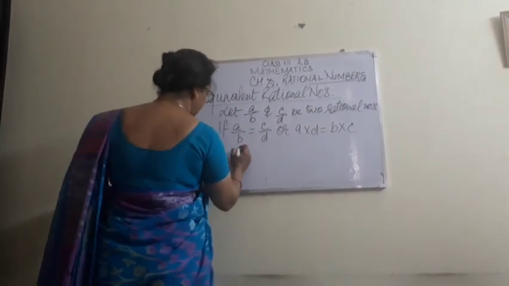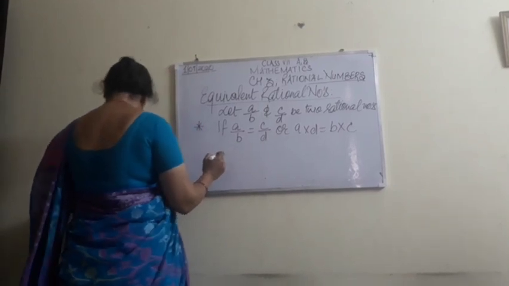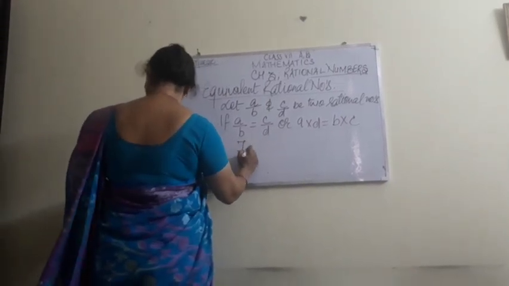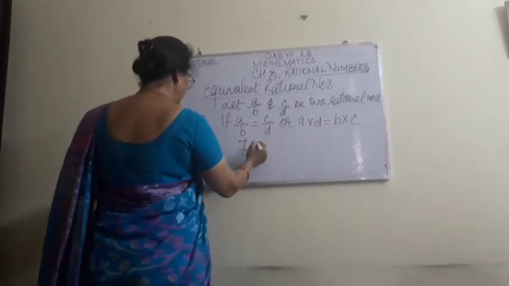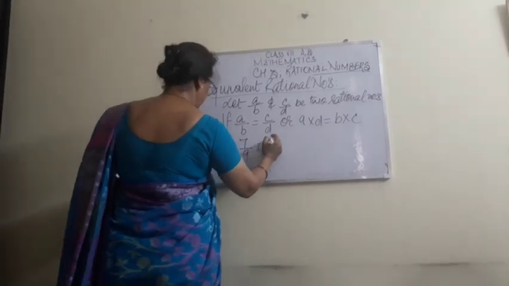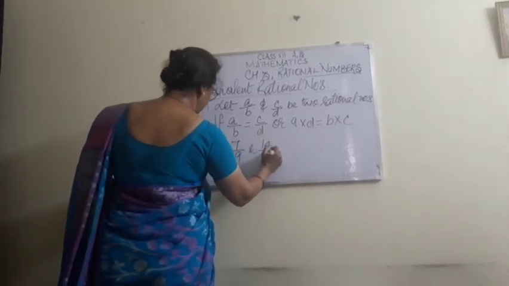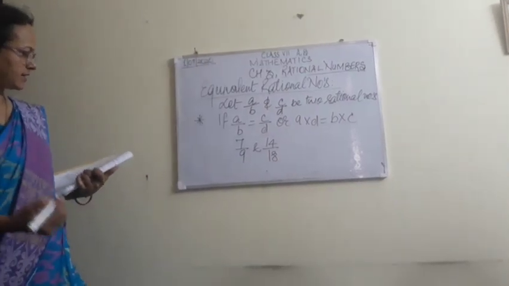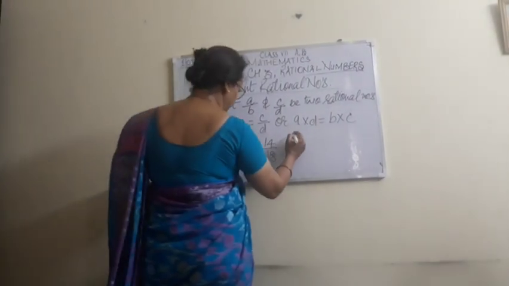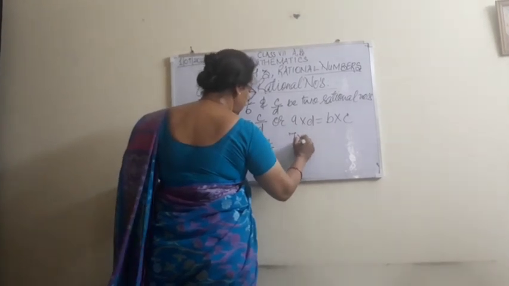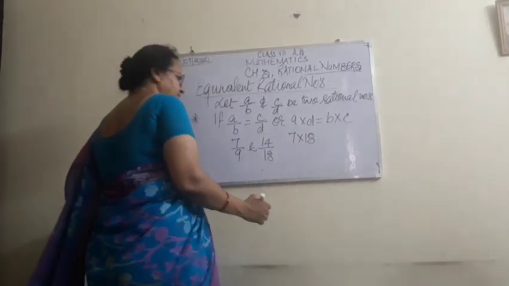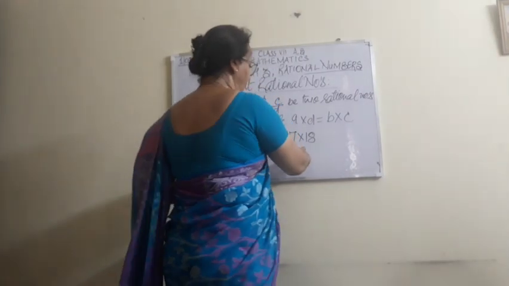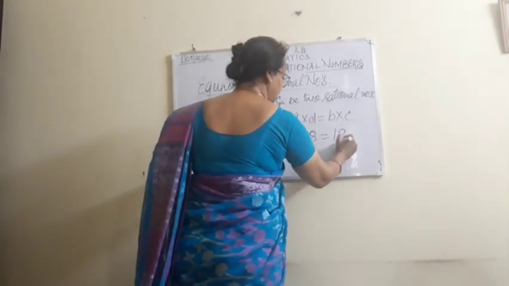Like I am taking the example, 7 by 9 and 14 by 18. Okay, let's check what it will be. See, in the example I have taken, 7 into 18 will be 70 and 56, that is 126.